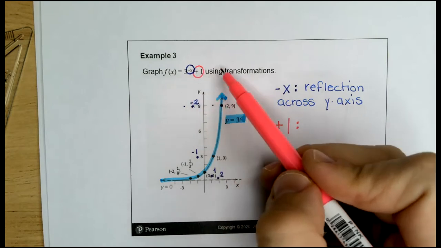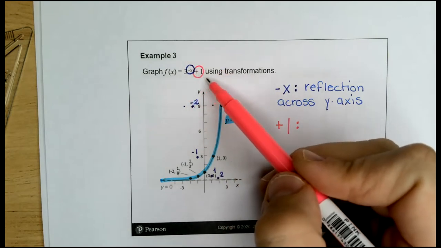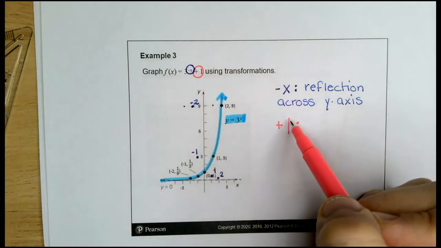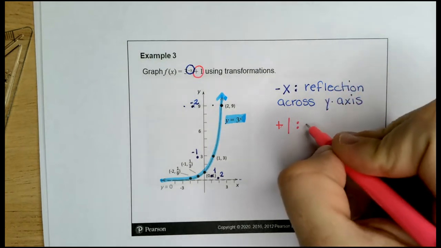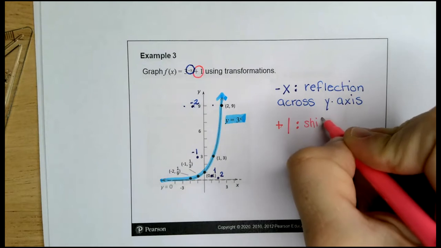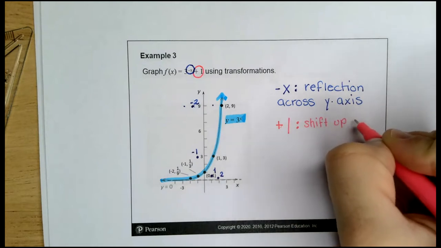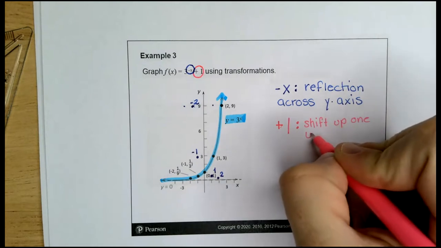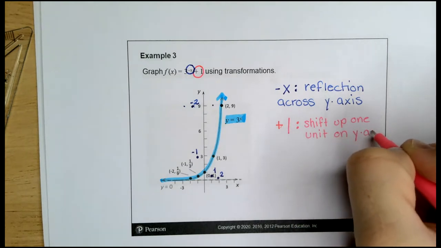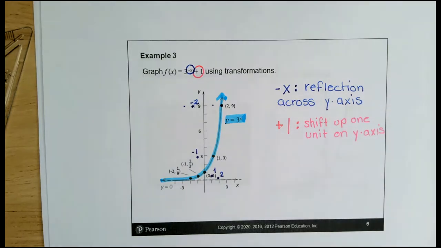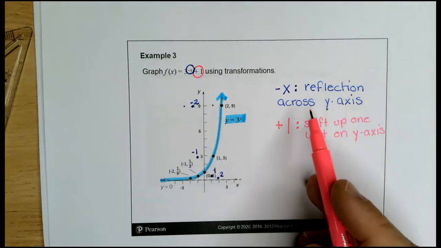If you add and it is not grouped with x, that would be a vertical shift. The plus means it goes up, right? So it's a vertical shift up 1 unit on the y-axis, which is kind of redundant because the y-axis is up or down. So we're shifting up and we're reflecting it across y.